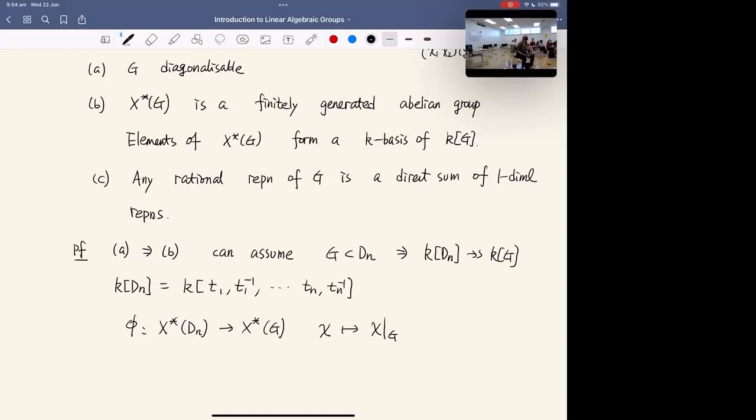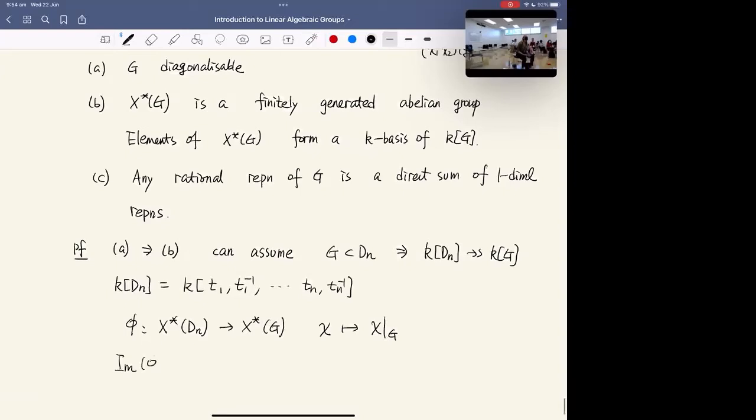Now, because of this surjection and the structure of K[Dn], each of the Ti inverse is a character, so the image of phi will span the coordinate ring, okay?